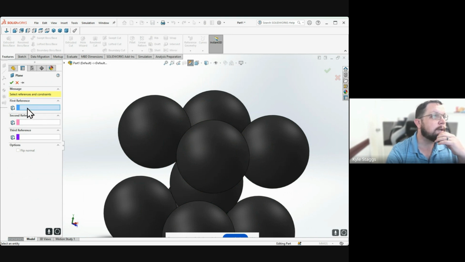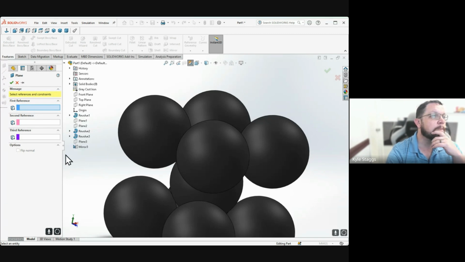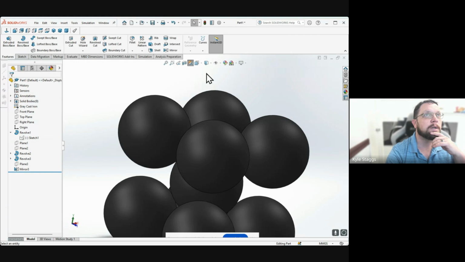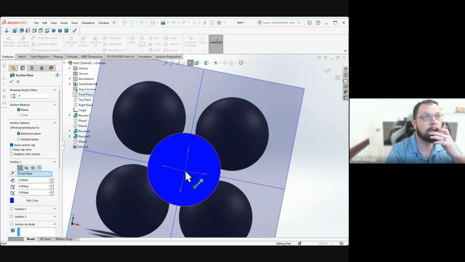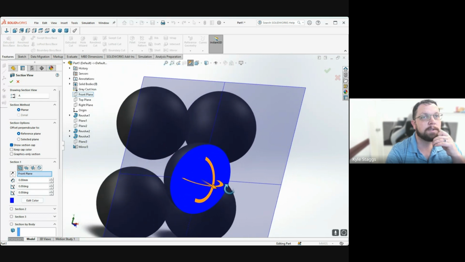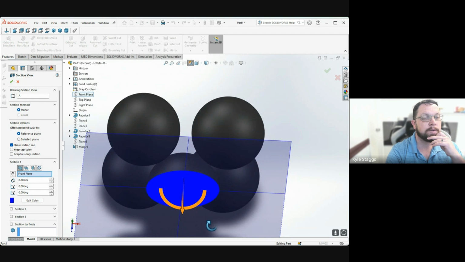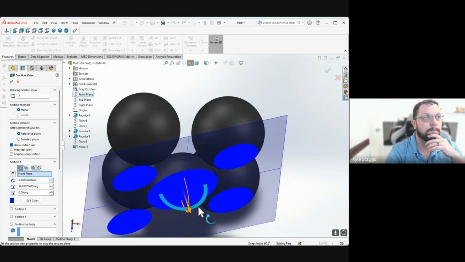So a first reference plane, let's see if we can do it purely from the section view. So at each of these levels, yeah, it'll let us do a rotation.